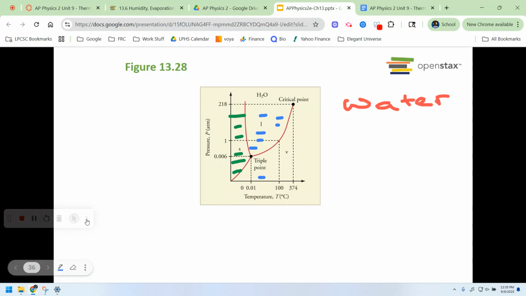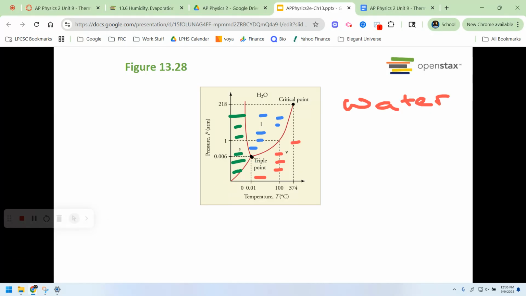Actually, that needs to be a different color, so I'll make that. And so this would be where it would be a vapor. And so there are temperatures and pressures, and based on whatever the temperature and pressure is, it could be a vapor, it could be a liquid, or it could be a solid. But the triple point is when it can be all three.